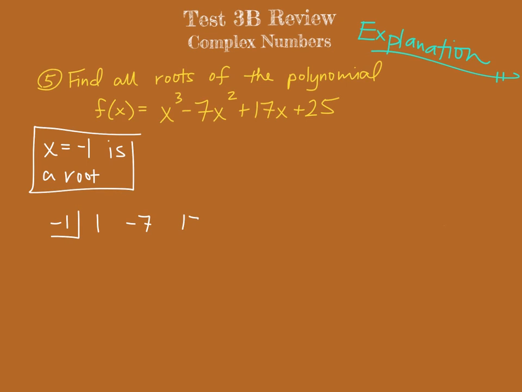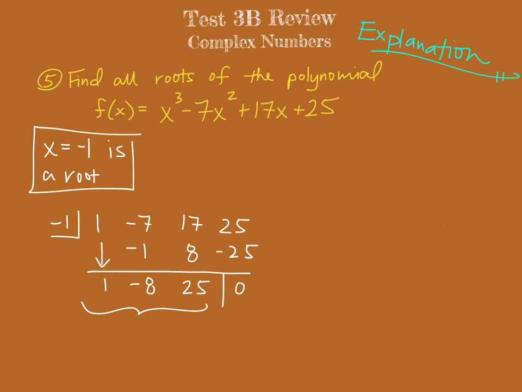That's the quadratic we can then use to find the last two complex roots. So we'll bring down our 1, multiply, combine, multiply to get 8. 17 and 8 is 25, and then multiplying, we will end up getting that 0 there that we knew we would get. The quadratic that we end up with is x squared minus 8x plus 25.